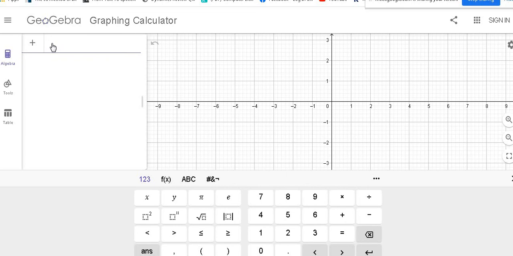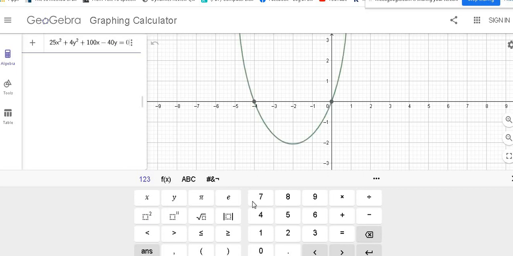Pa-state nga uli yung graph. 25x squared plus 4y squared plus 100x minus 40y equals 0.